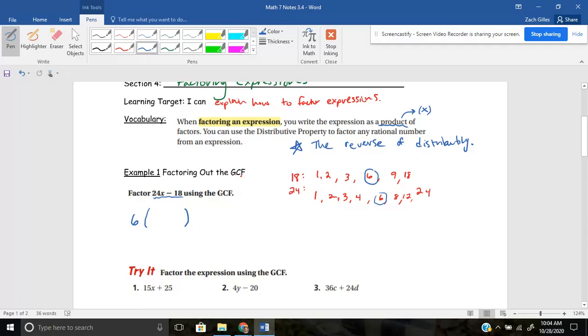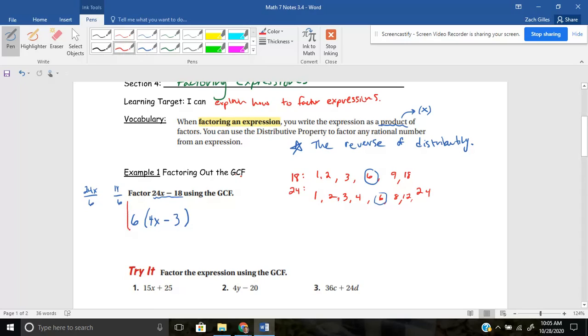If I divide 6 out of 24x, that's like saying what is 24x divided by 6? 24 divided by 6 is 4, and then just bring the x along for the ride. Minus what's 18 divided by 6? That gives you 3. So you should arrive at 6 times 4x minus 3. That would be your answer.